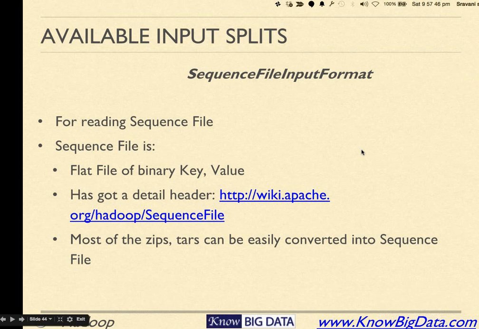There are many tools which can convert a zip file or tar file into a sequence file. And once you have a sequence file, you can load the data from the sequence file onto our MapReduce.